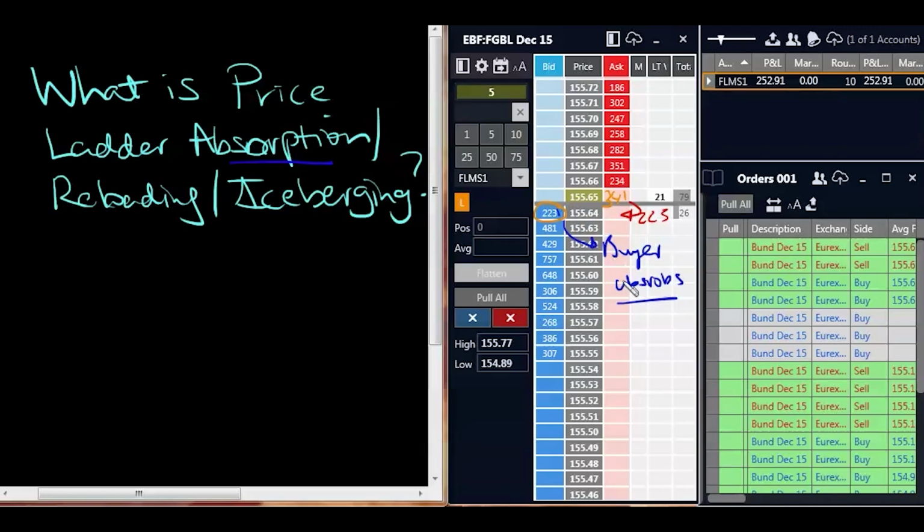That would be an absorption I would pay attention to, because if someone comes to market and sells 2,000 aggressively at market, and the buyer manages to absorb those 2,000 contracts, that means there's a pretty big passive buyer.